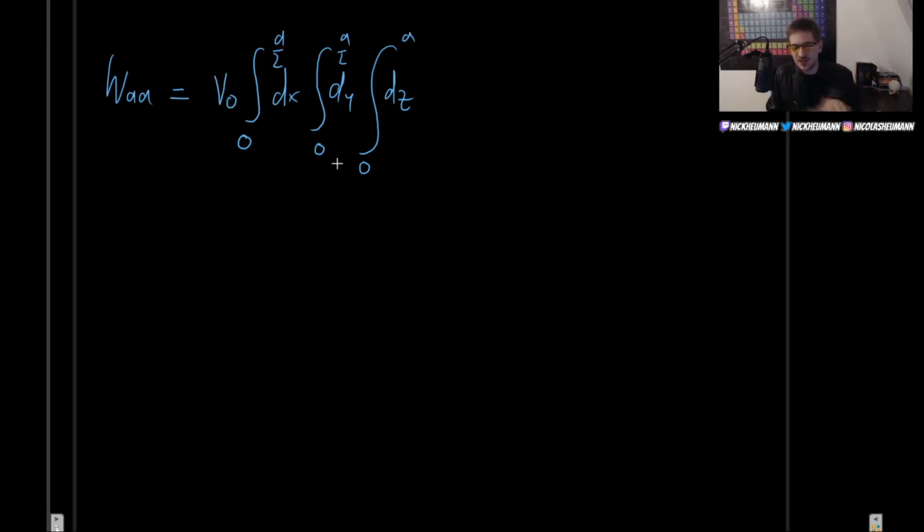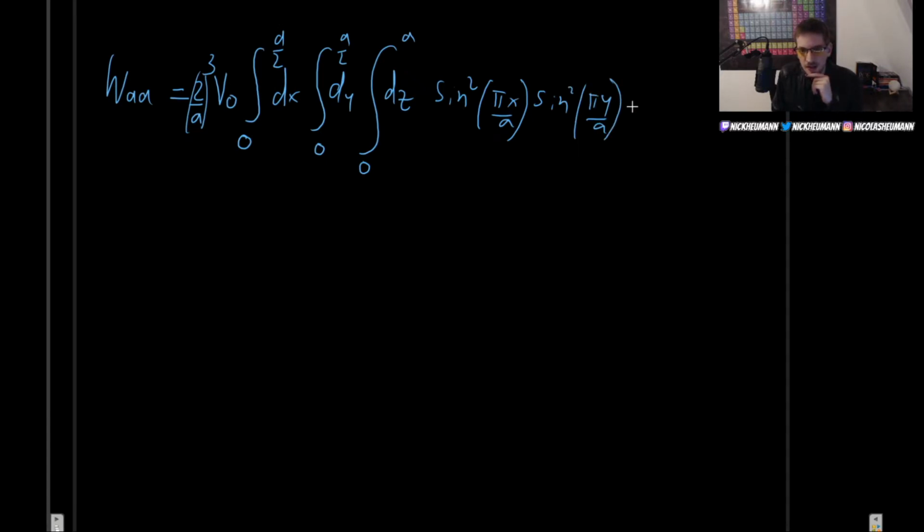Before I forget it, it's just v0, you can move it out. If it had some x, y, or z dependence, of course, you couldn't just pull it out of the integral, but v0 is a constant, so it's all okay. We can also pull out the 2 over a cubed, and then we have sine squared of pi x over a times sine squared of pi y over a times sine squared of pi z over a. But be careful, now it's 2 pi z, all right, because we are in the first excited state.